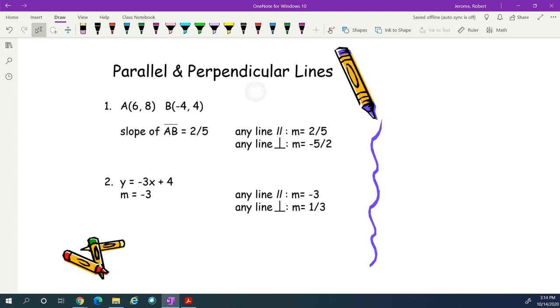So think about that. If AB has a slope of 2/5, then any line parallel to it will also have a slope of 2/5. But any line perpendicular will have a slope of -5 over 2. Flip the fraction, change the sign.